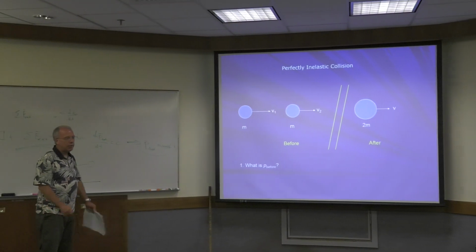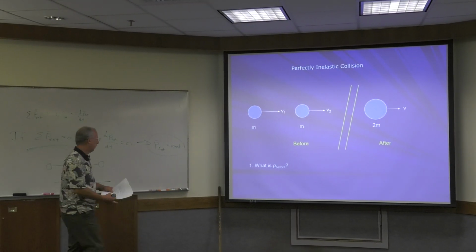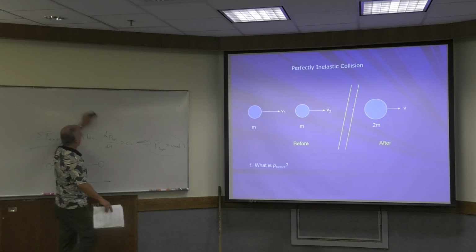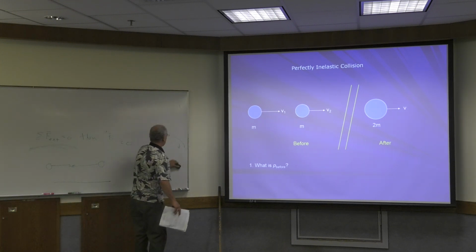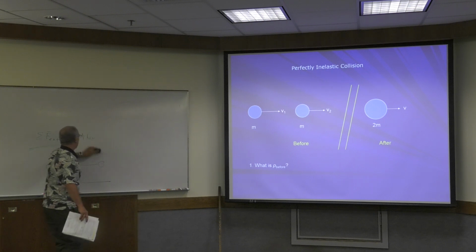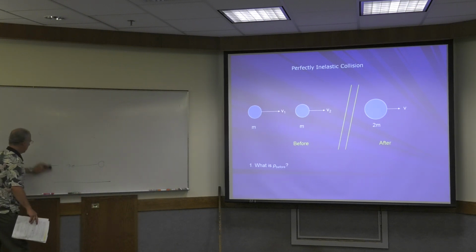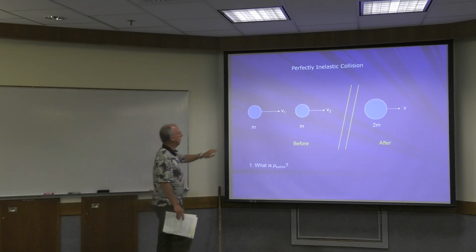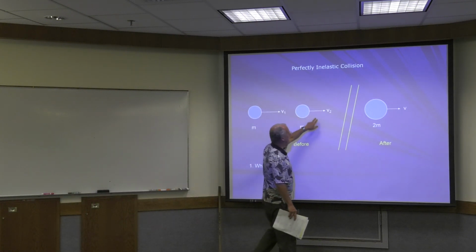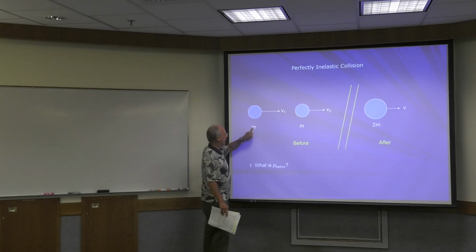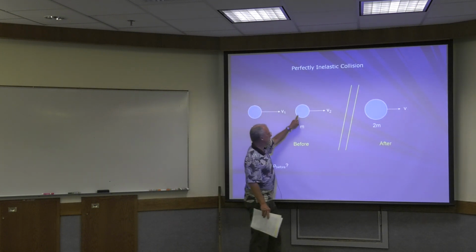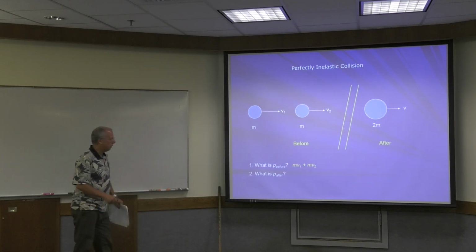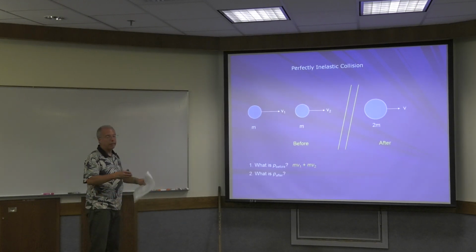Now, when you write it like that, that means you want the total momentum before the collision. Well, that's easy because momentum is just mv. So the total momentum before is just the momentum of this one plus the momentum of that one. Momentum of this one is just mv1. This one is just mv2. So the total momentum before is just mv1 plus mv2.